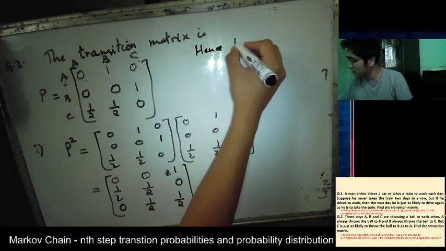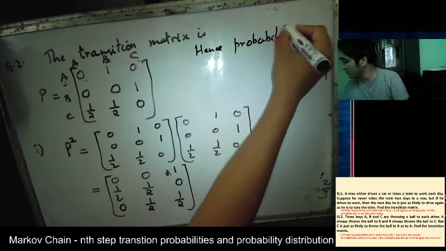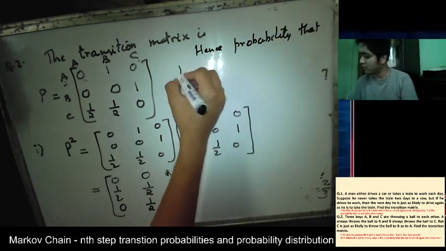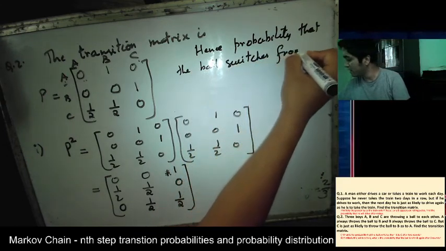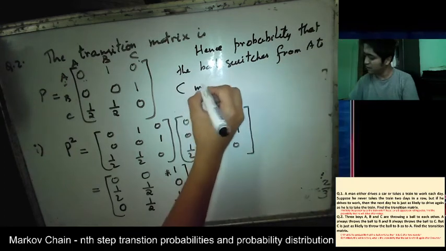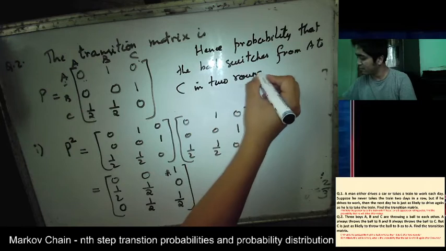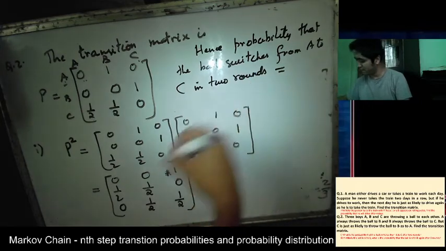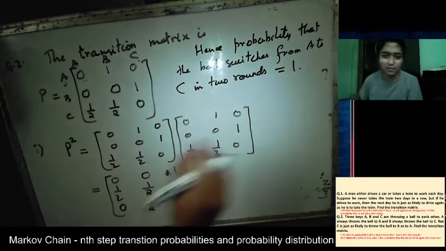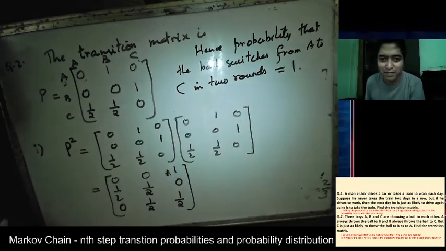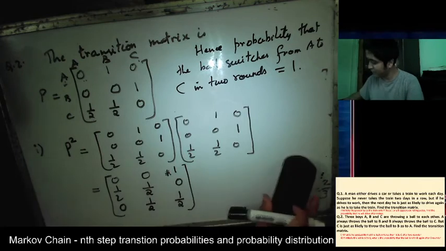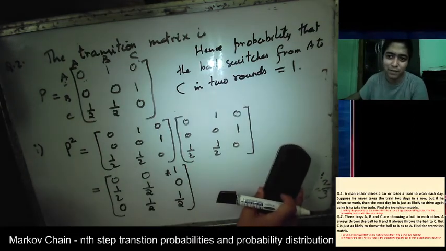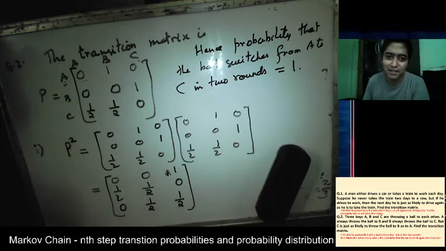Hence the probability that the ball switches from A to C in 2 rounds is equal to 1. So it's certain that the ball will reach C in 2 rounds. It will switch from A to C in 2 rounds; that is guaranteed.